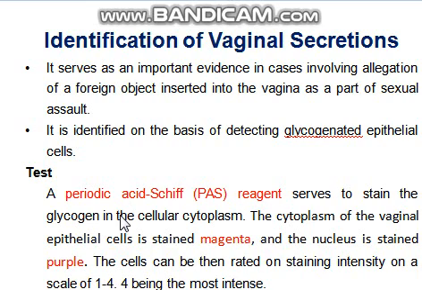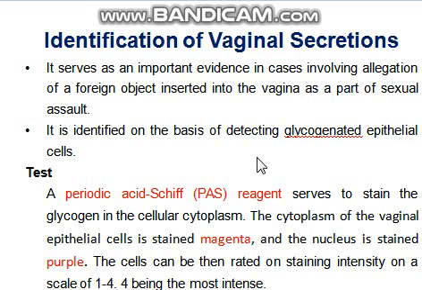Upon staining the epithelial cells of the vagina, the cytoplasm gets stained magenta, whereas the nuclei get stained purple. Based on the staining intensity, you can rate the scale from 1 to 4, with 4 being the most intense. Based on the intensity, you would be able to conclude whether it is a case of vaginal cells or a source of other cells.